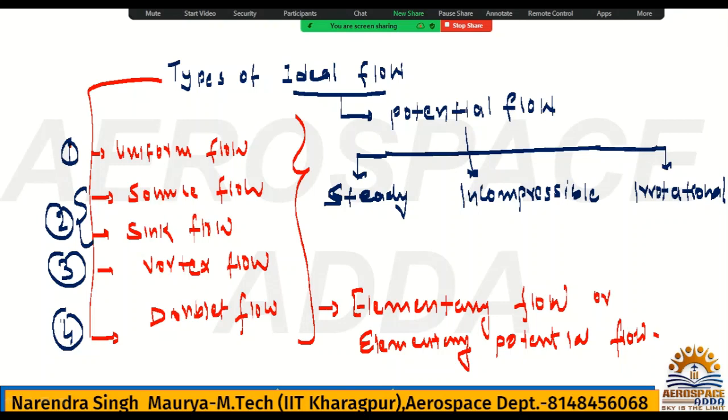Why have I considered doublet flow as an elementary flow? Because doublet flow is the one special case. And what is the meaning of elementary? Elementary means fundamental flow.